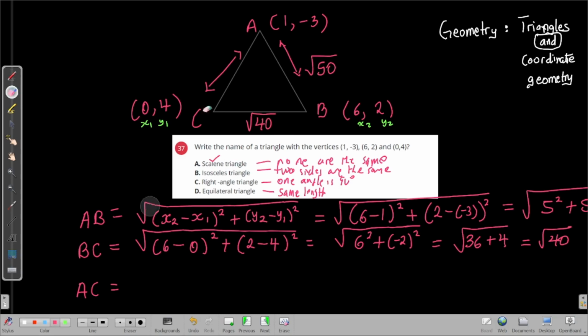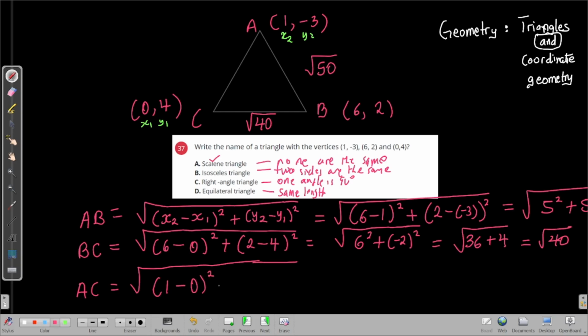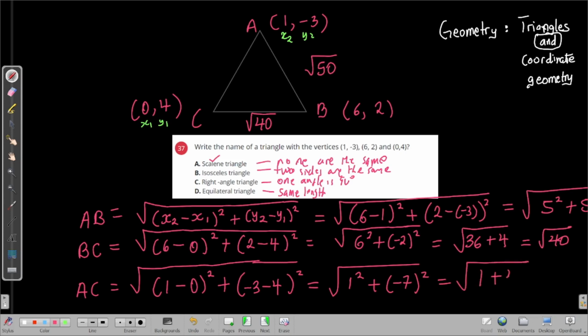And then for the last one, that's AC. Let me make this my x2, y2. As square root of x2 is 1, x1 is 0, y2 is 3, y1 is minus 4. 1 minus 0 is 1, 3 minus minus 4 is 7. 1 squared is 1, 7 squared is 49.